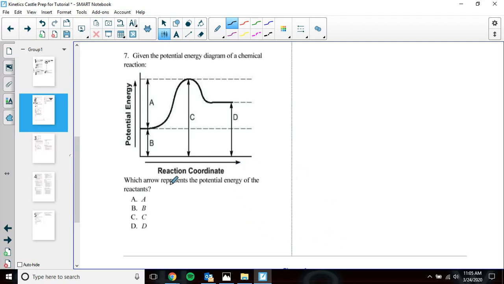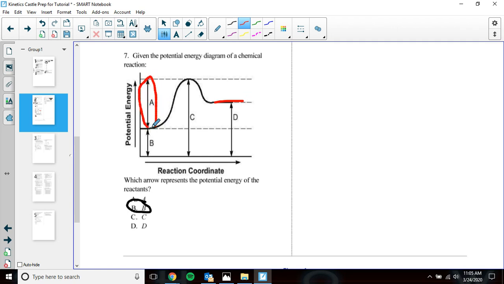Which arrow represents the potential energy of the reactants? It always starts from reactants here to products here. So B is the potential energy of the reactants. It's a great chart for me to cut and paste into other things, right? Potential energy of the products is over here.